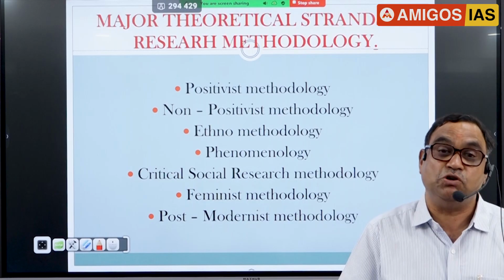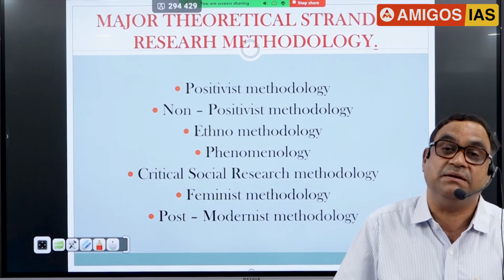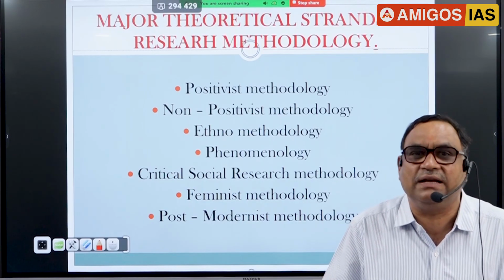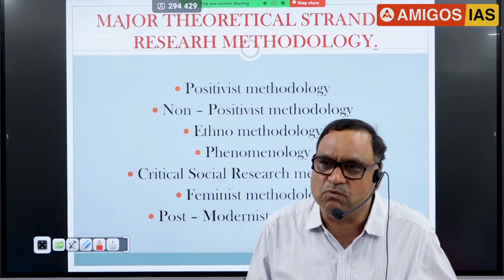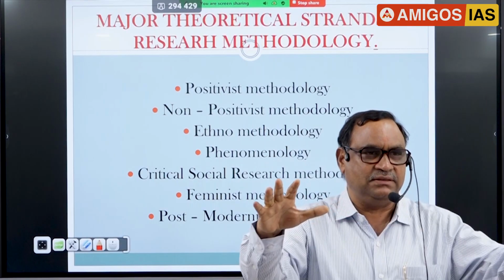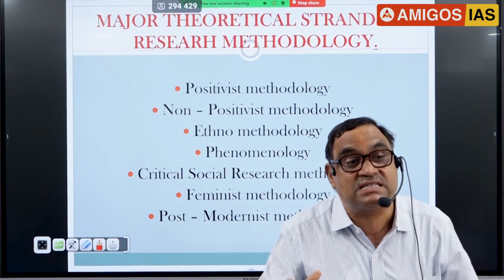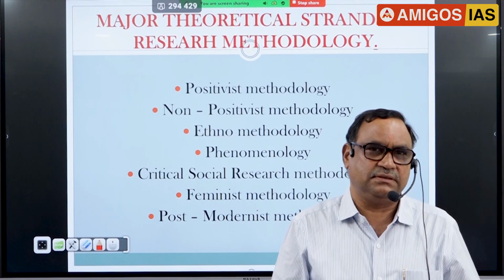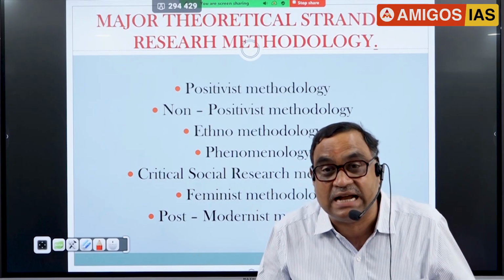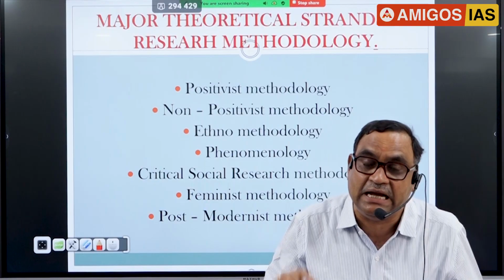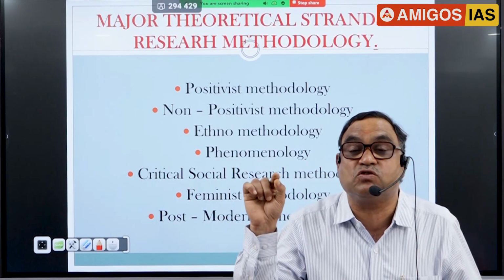But some sociologists argue that many times what is visible in the society may not be realistic. What is visible in the society may not be realistic. So, we need to understand the social reality beneath the surface of the society.